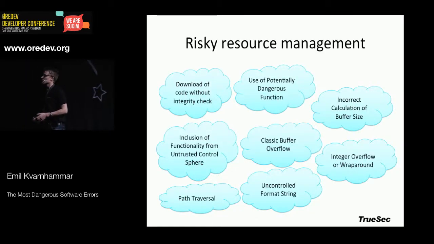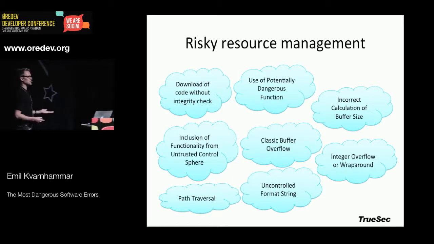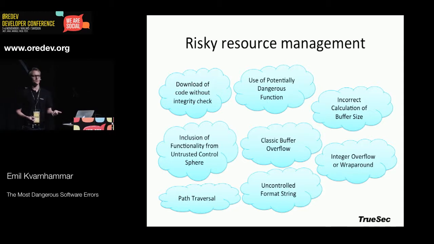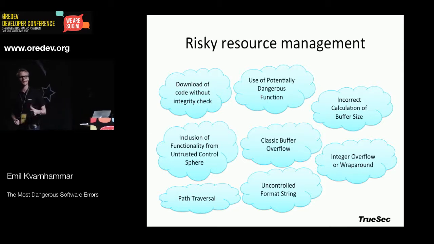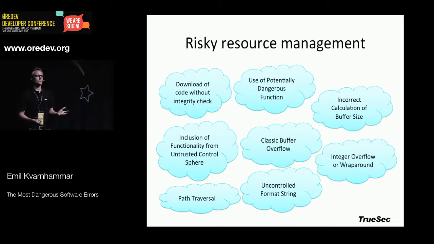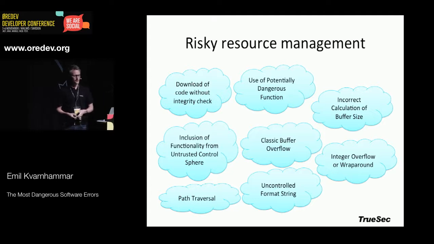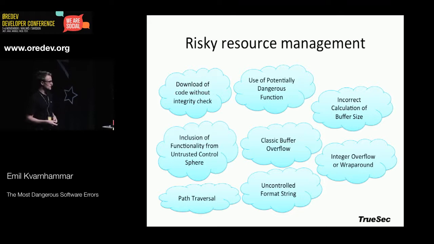So the next category is risky resource management. And now you'll probably recognize these, if you're C or C++ developers, if you're doing embedded stuff: classic buffer overflow, uncontrolled format string, incorrect calculation of buffer sizes.